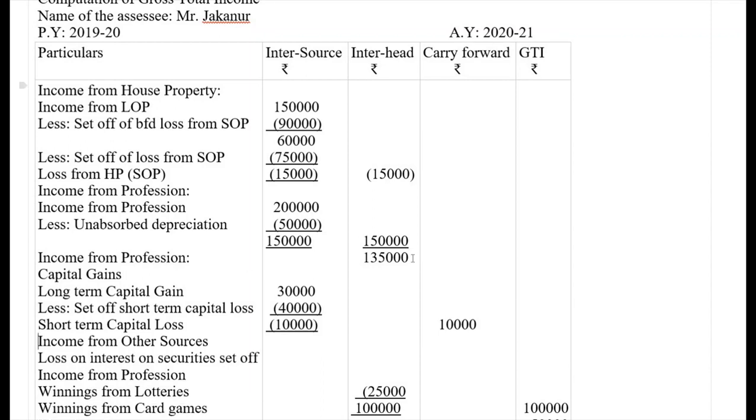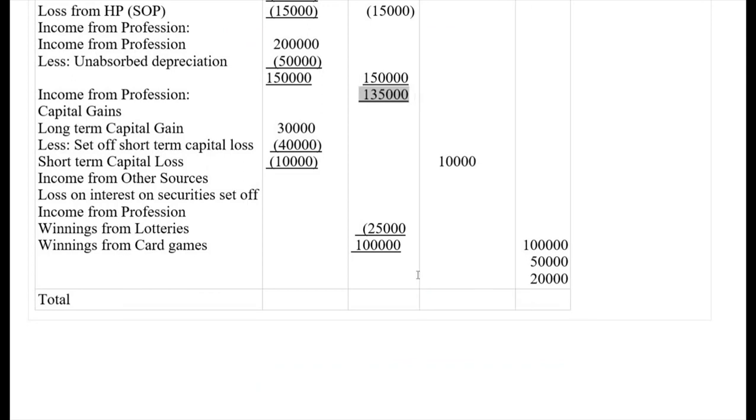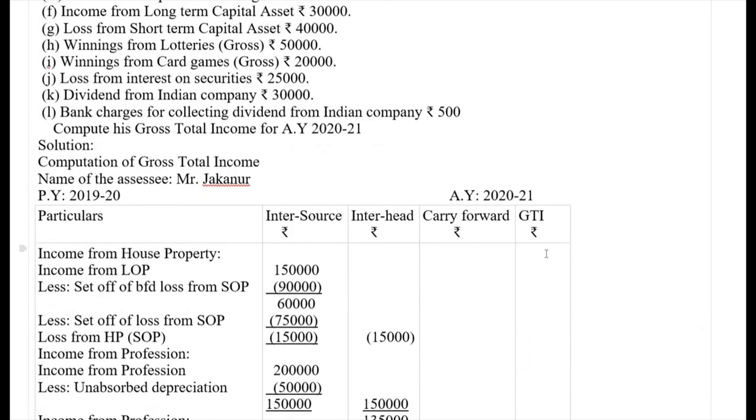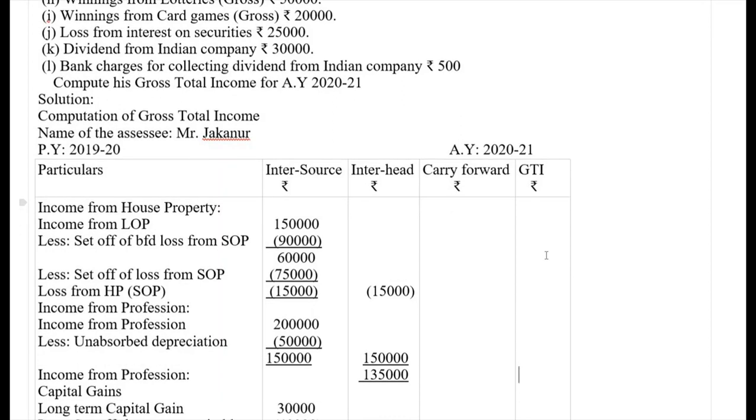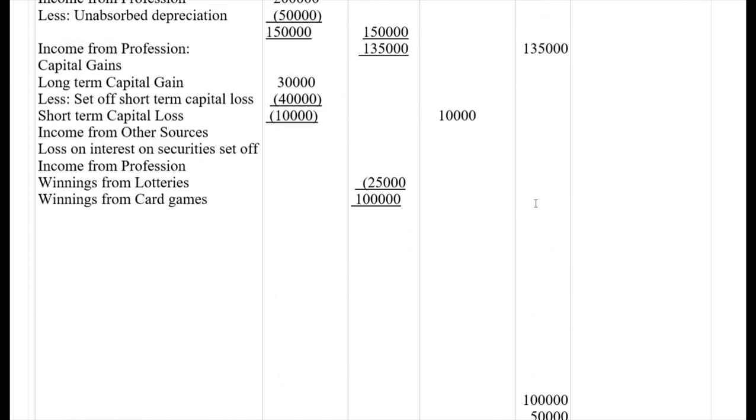So this is 1,35,000 that we can take to income from business, it is 1,35,000.